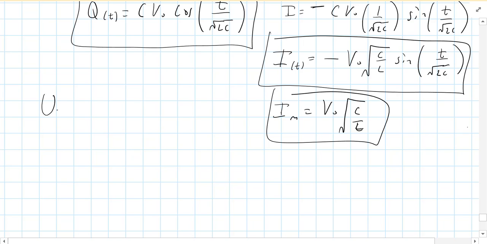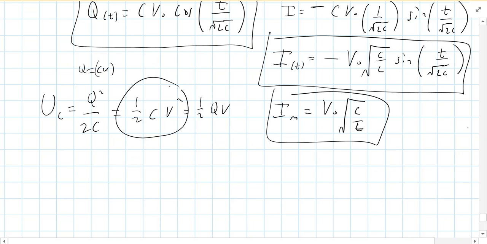So U of a capacitor, remembering that Q equals CV, is Q squared over 2C. But if I substitute this in, you would get 1/2 CV squared, and you could also say 1/2 QV. All those are versions of the equation for energy stored in a capacitor.